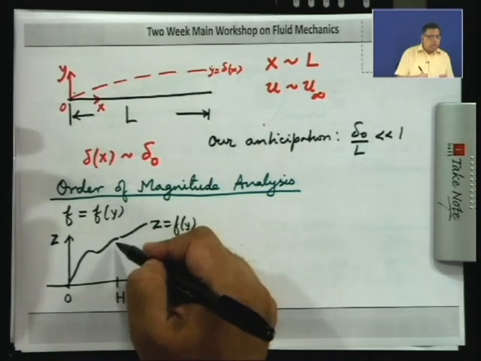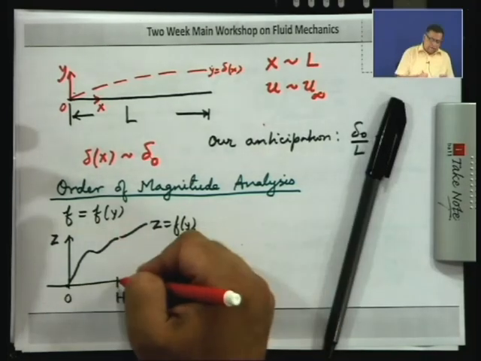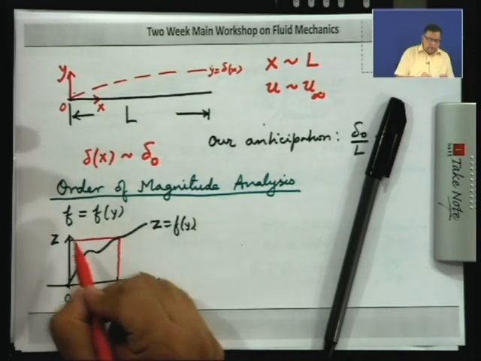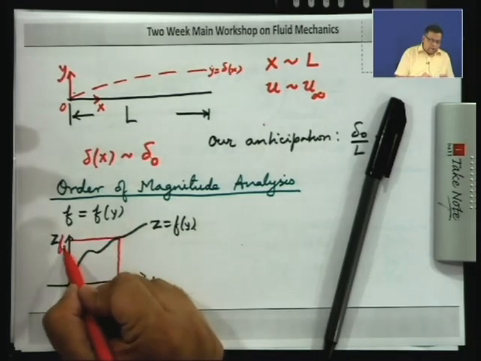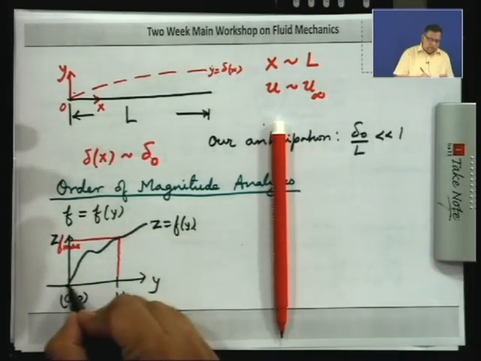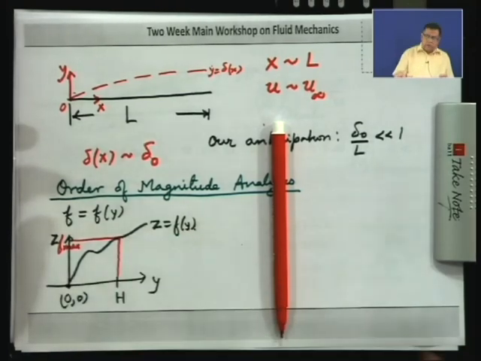We want to know what is the maximum value of this function. So, here you can see that the maximum value is occurring here in this example, and this value here is f max. I put the origin over here. So, this length is your maximum value.